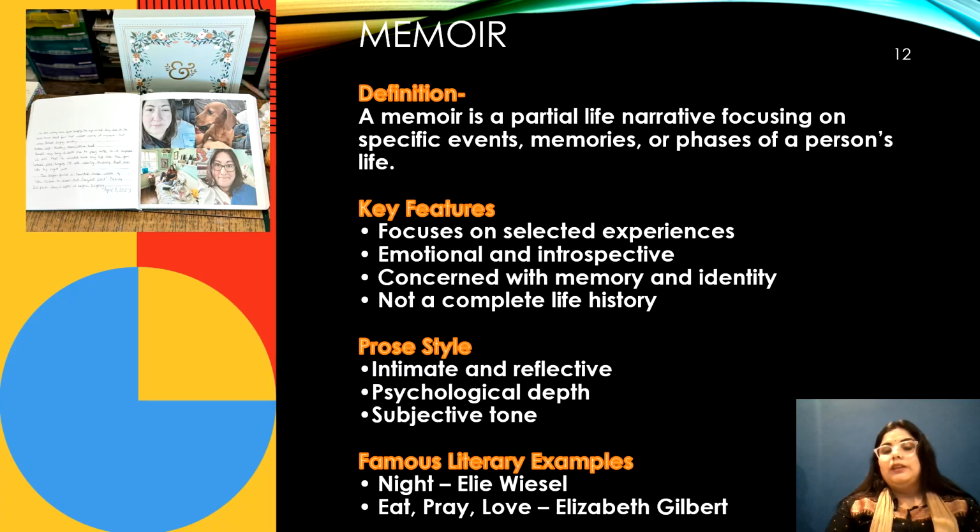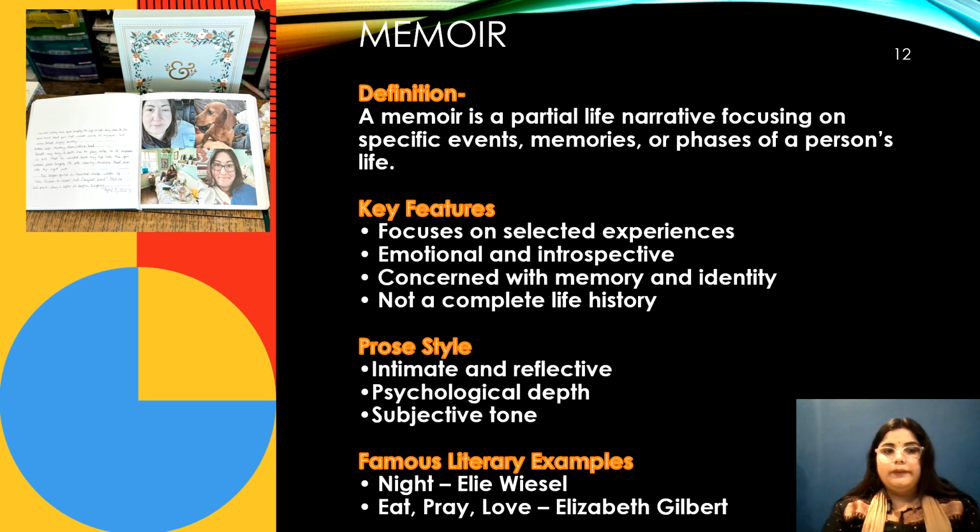If we talk about the key features, memoir focuses on selected experiences a person had, and it is emotional and introspective in tone, and it is concerned with memory and identity. Memoir is not a complete life history. It talks about a part or a memory a person has experienced in his life, and he is writing it in the form of memoir.